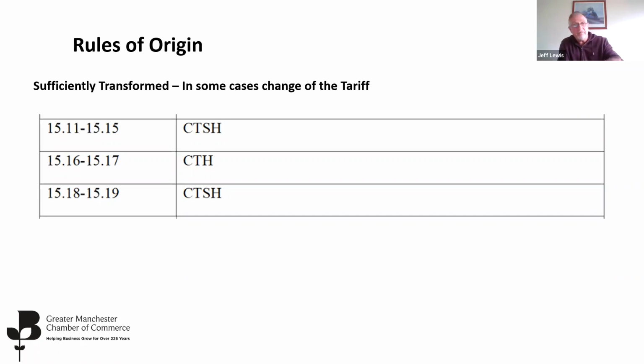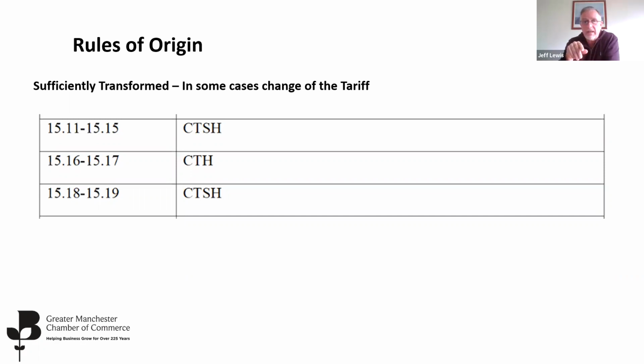So if you look at the next one, 1517, if my product that I manufacture is classified with the first 4 digits as 1517, because of the rules of origin changing tariff heading, any non-originating materials cannot start 1517. So they have to have a different tariff heading. And this is the difference in substantial transformation or sufficient transformation.